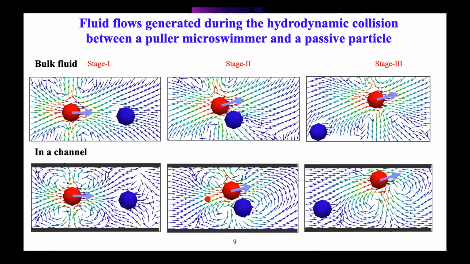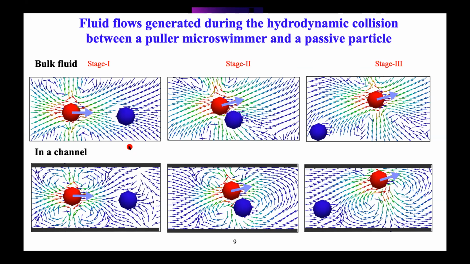So now we'll look at these flow fields in detail. In all these pictures, this red circle is the microswimmer and the blue circle is the passive particle. Again, the colored arrows represent the flow field that it generates, and this thick blue arrow shows the orientation of the microswimmer. The first row corresponds to the hydrodynamic collision happening in the bulk fluid, and the second row corresponds to that in confinement.